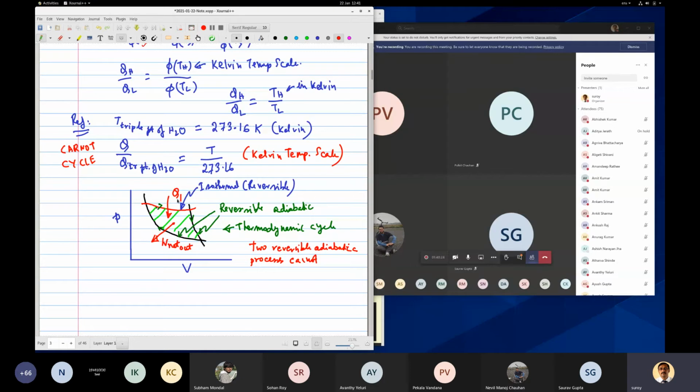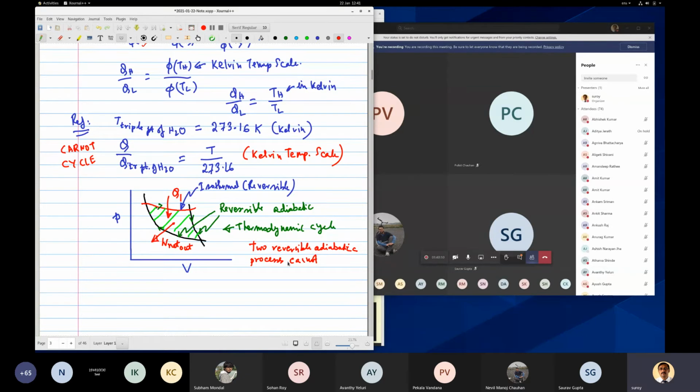And here, all the Q in is being converted to work out. Now this will violate the second law. We have said that all the heat cannot be converted to a work output. So we see that this cycle that we have constructed, where we have one isothermal and two reversible adiabatic, is not feasible.